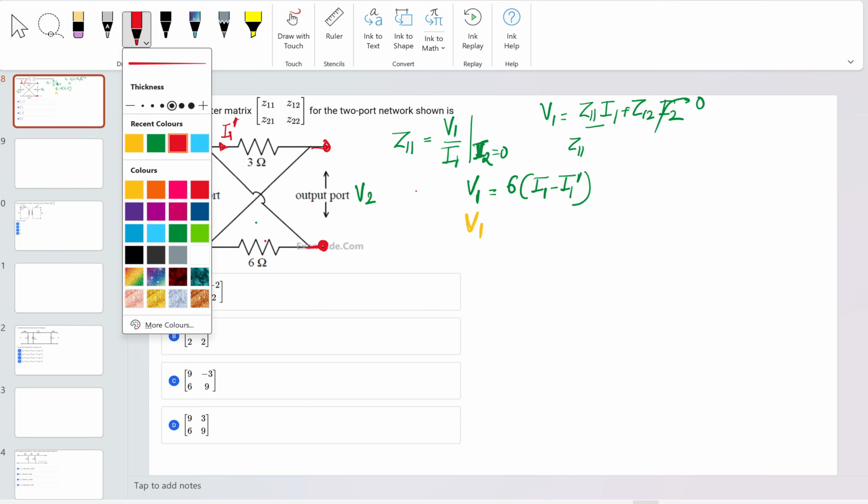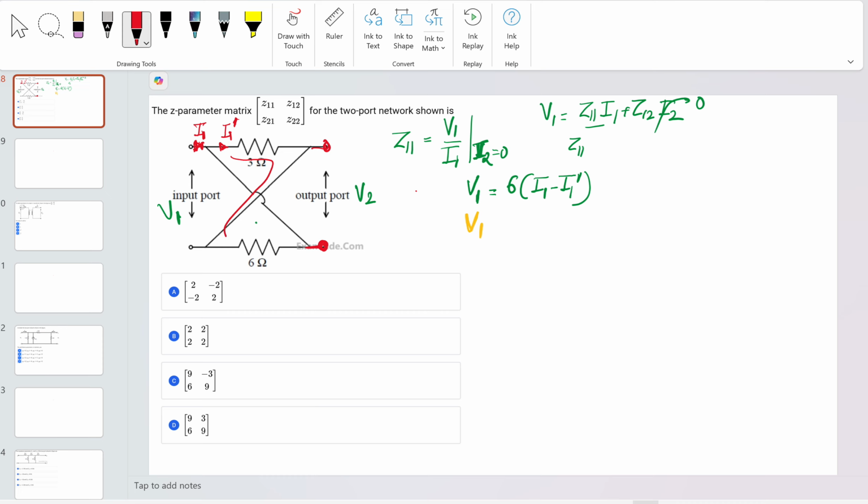Let's take this closed loop. Simply 3 times of I1 dash when you are moving from this side.